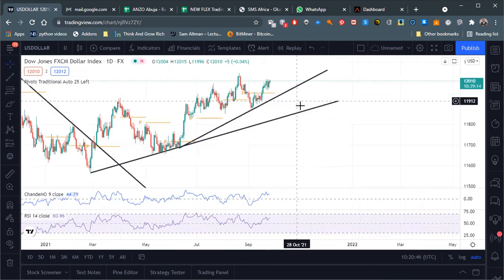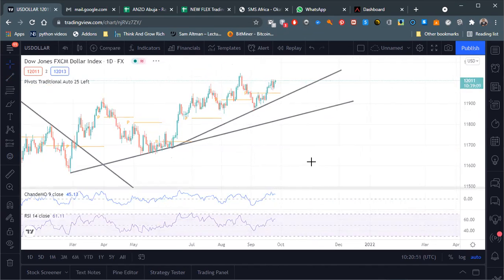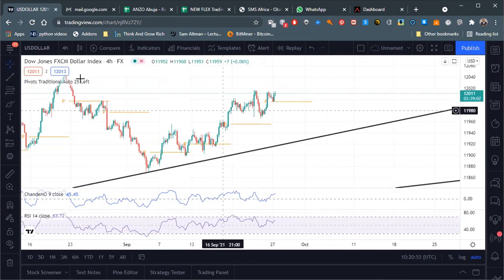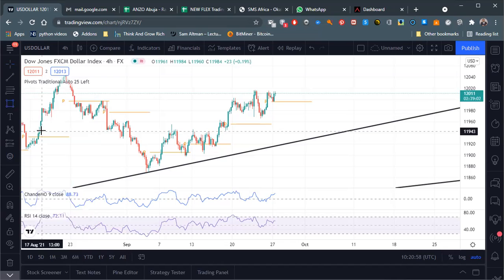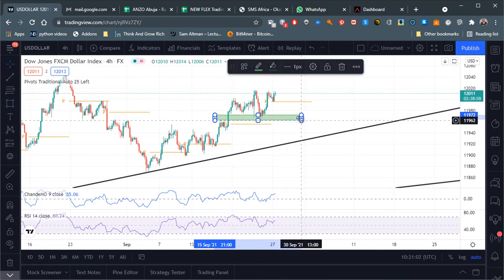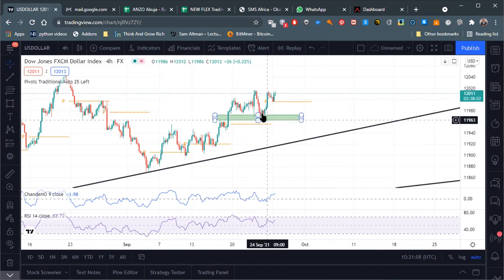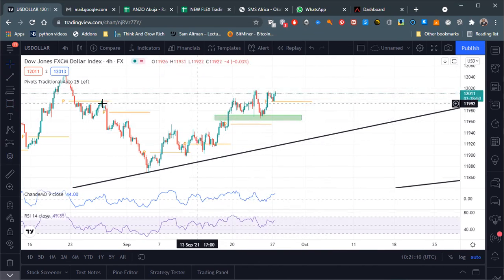If we go to the 4-hour chart here, you'd see that we had this area, which acted as a good base of support. You could see how this area served to help price bounce up. When price got here, buyers stepped in and pushed it up. Again, price got here, buyers stepped in and pushed it up.